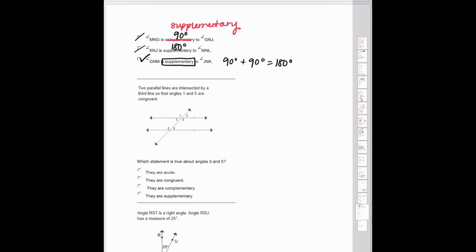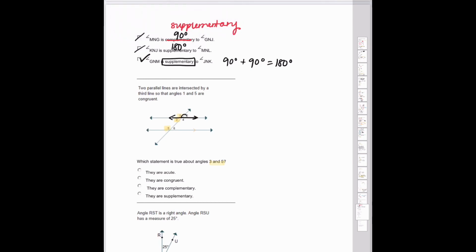This problem tells us that if two parallel lines are intersected by a third line, so that angle 1 and 5 are congruent, which of the statements is true about 3 and 5? Well, let's look at 1 and 2.